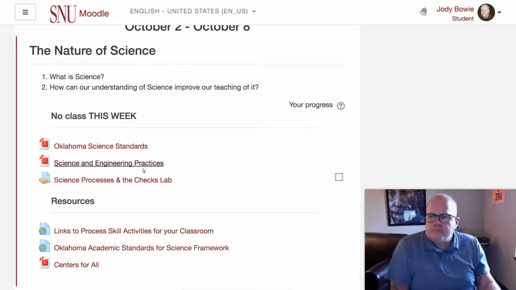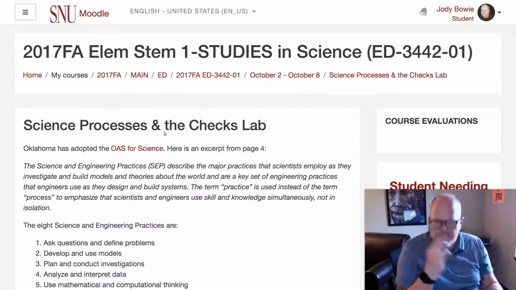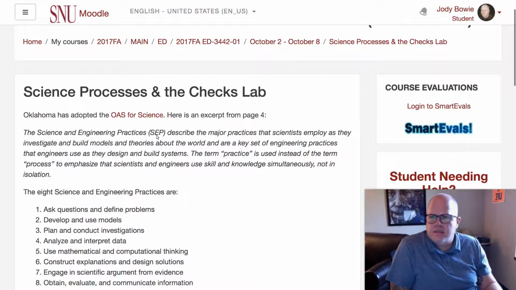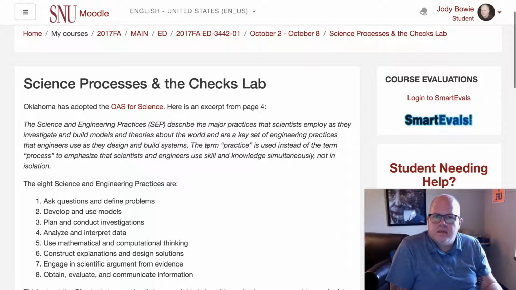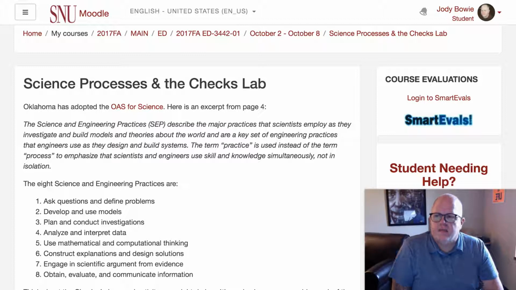Okay. So what are the science and engineering practices? Science and engineering practices are these 8 things listed here, and they describe the major practices that scientists employ as they investigate and build models and theories about the world, and are a key set of engineering practices that engineers use as they design and build systems.